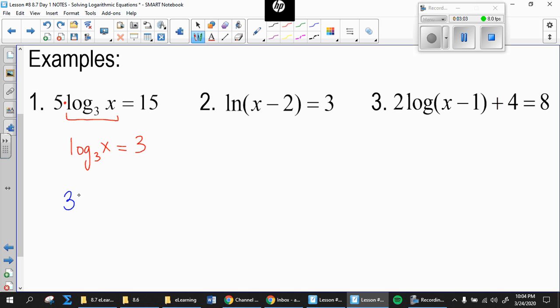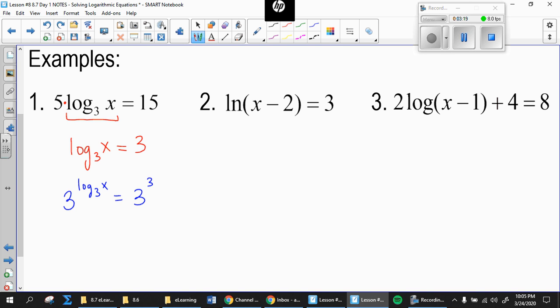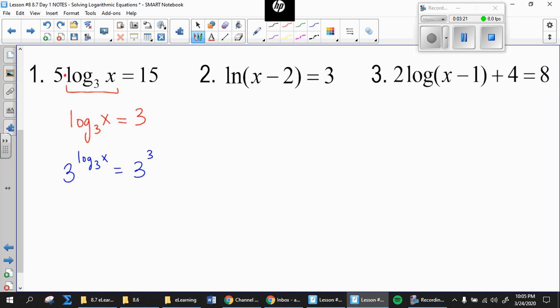So it's going to become 3 raised to the log base 3 of x equals 3 to the third power. I'm taking both sides and writing them as a power, exponentiating them. That's going to cancel out the exponential and the log, just leaving me with x. Over here, 3 cubed, 3 times 3 times 3, gives us 27.